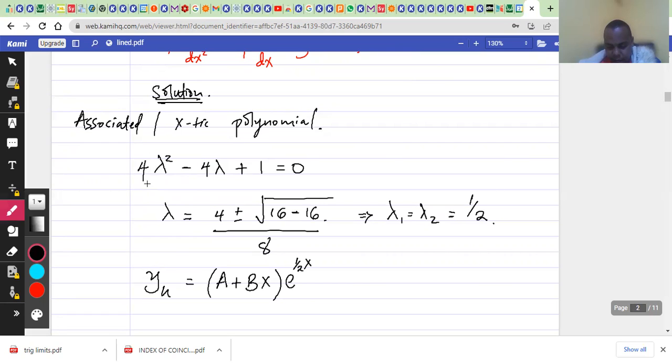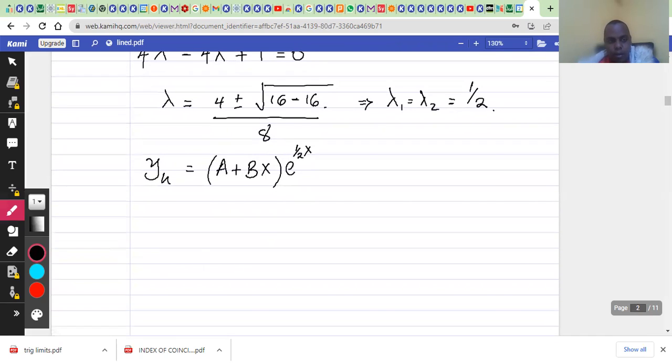Let's go for the non-homogeneous case. Okay, we have this one. I'll call it example 2.